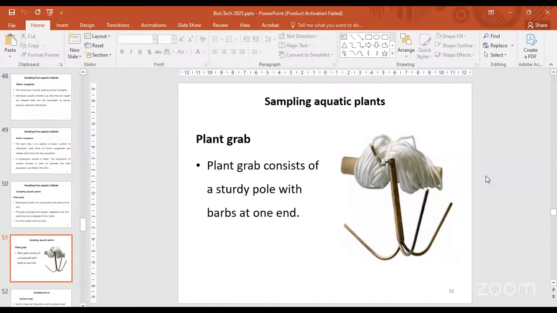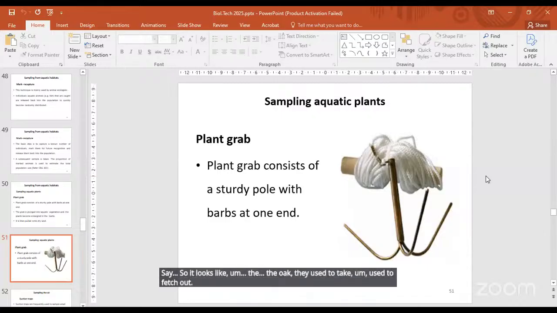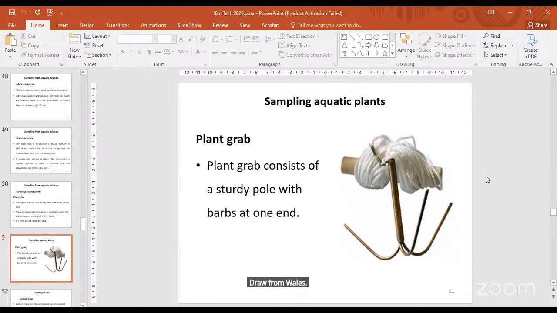Let's hear from somebody else. So it looks like the hook they used to fetch out things drawn from wells. Oh. This person is street compliant.